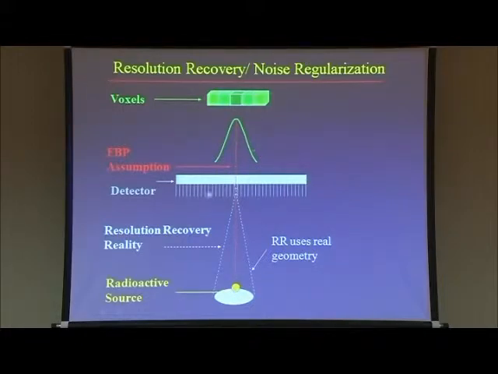But if you look at a conventional parallel hole system, a hole does not see just this ray, a hole sees a whole cone of activity. So an easy explanation is that, instead of back projecting a ray, the reconstruction is back projecting a cone. So this is an assumption, this is reality. Everything that's happening now is getting us closer to the truth in the reconstruction process.